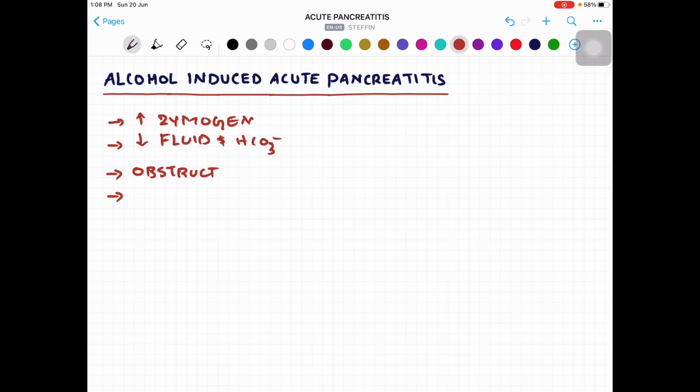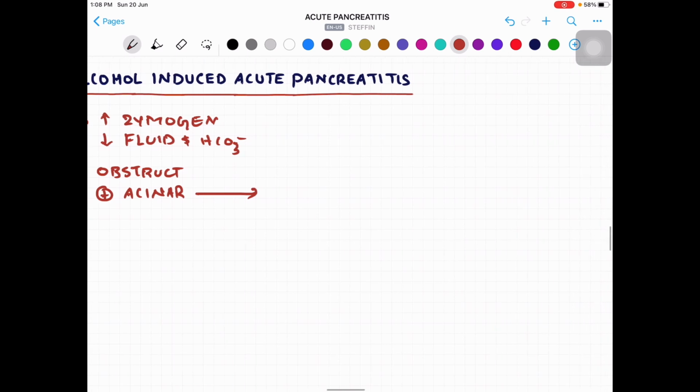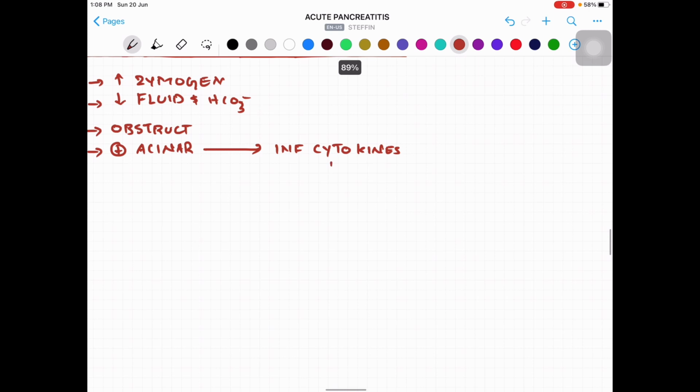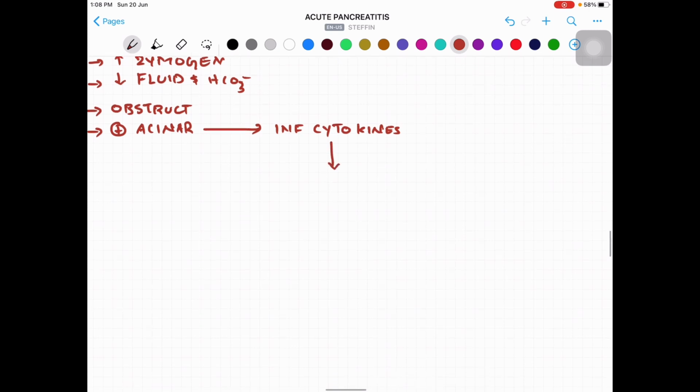For example, the alcohol will stimulate the acinar cells and release inflammatory cytokines. These inflammatory cytokines will cause an immune response.